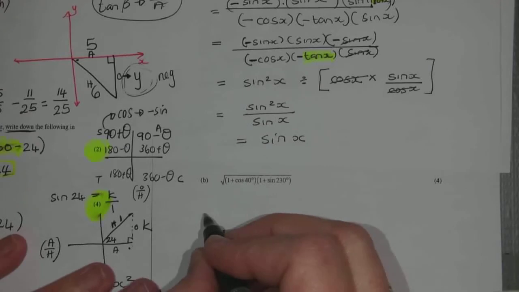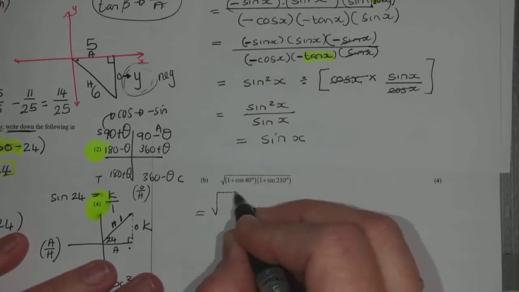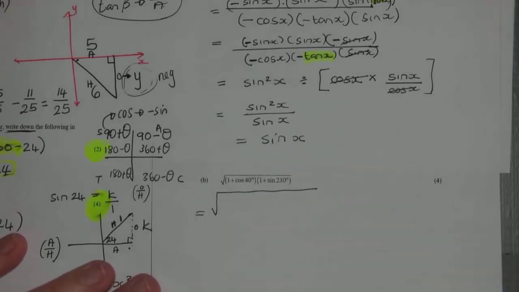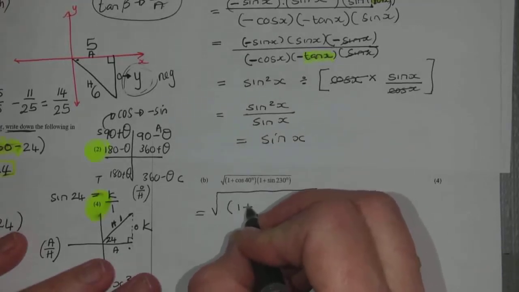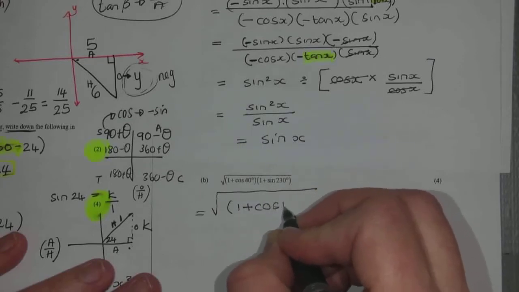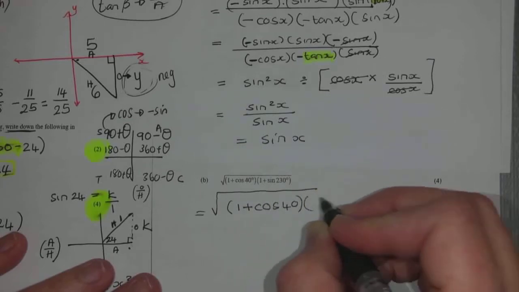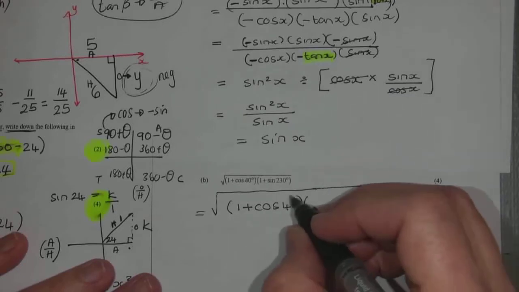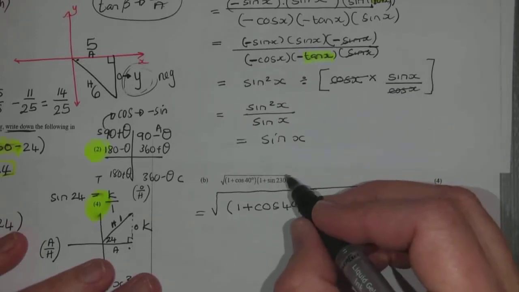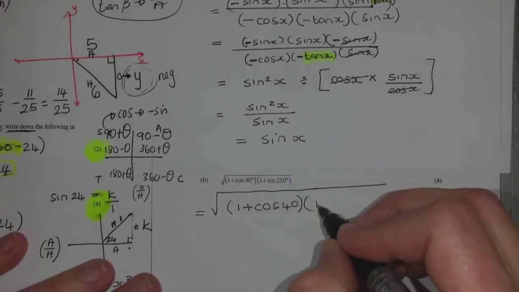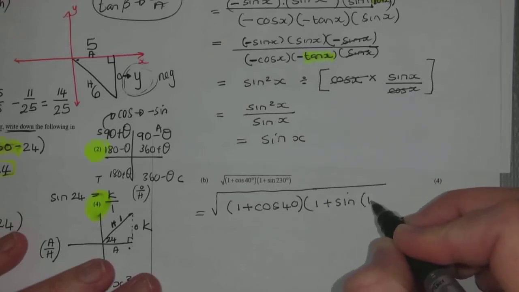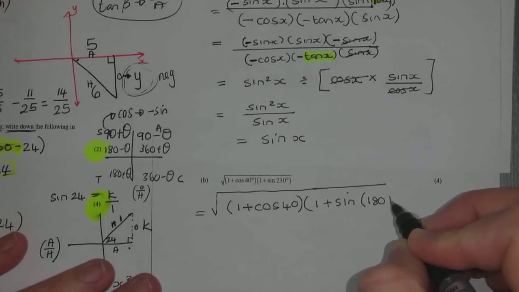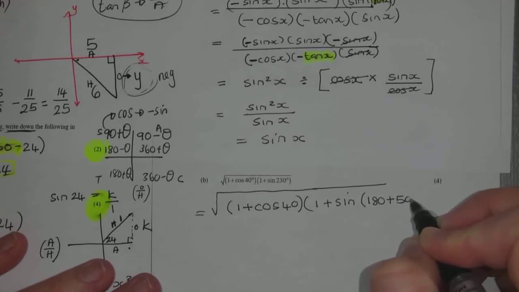So they throw in the square root to test whether you can stay calm or not. Right, I'm going to first leave the 1 plus cos 40, the first bracket, as it is. And then I notice that sine 230 I could have worked out by saying 180 plus 50.